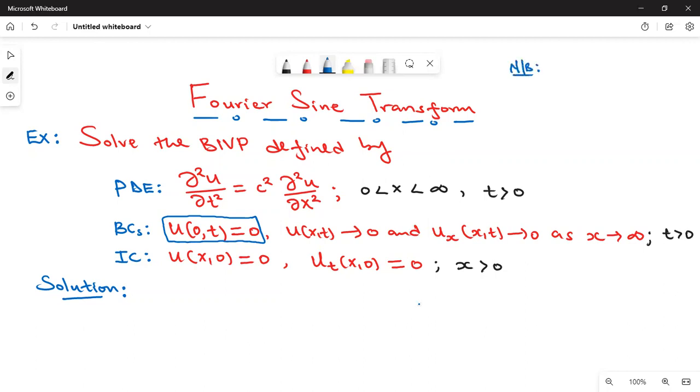But suppose you are told this, take note: you look at the boundary conditions at the lower end. The lower end, for this case, is at x equals 0. So if you are given u of 0, t, then it means you use the Fourier Sine Transform.